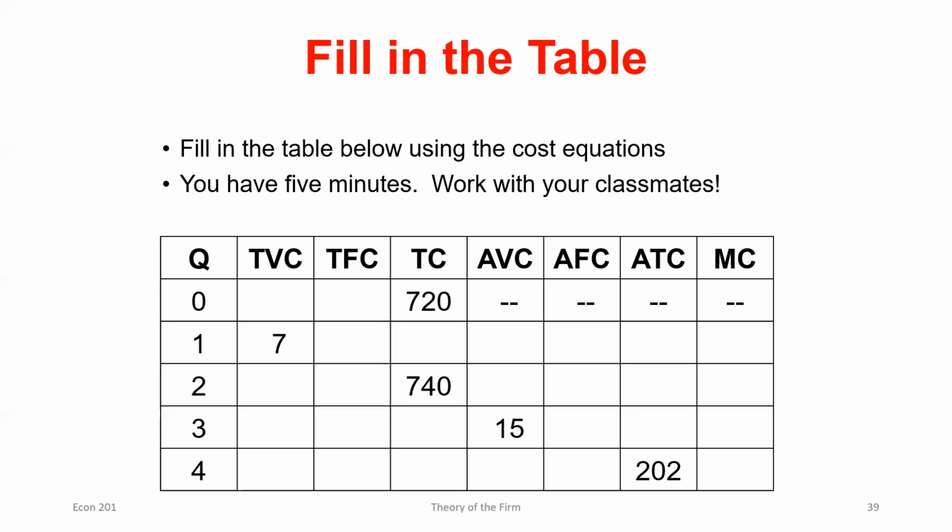I multiply both sides by 3, and my total variable cost there would be 45. Which then I can use to fill in my total cost. I've got total variable, I've got total fixed. I'll just add those together. I get my new total cost at that quantity.